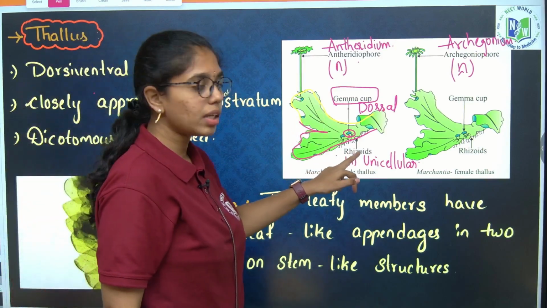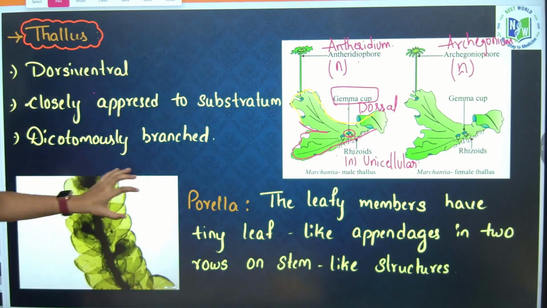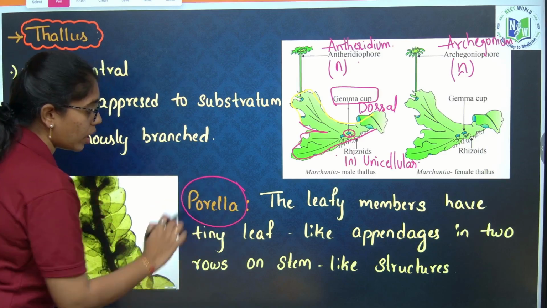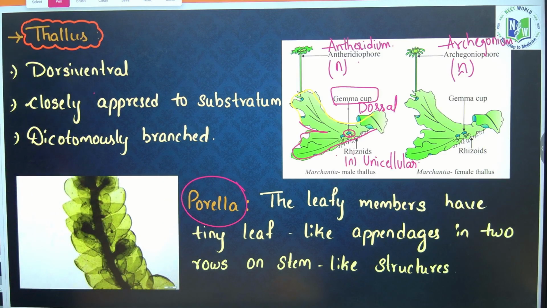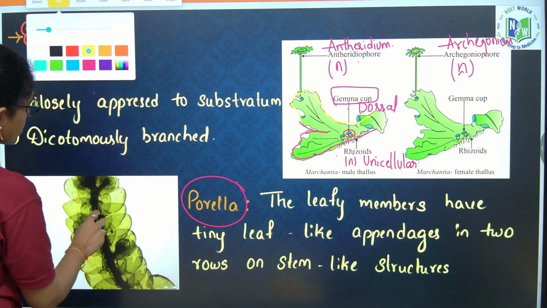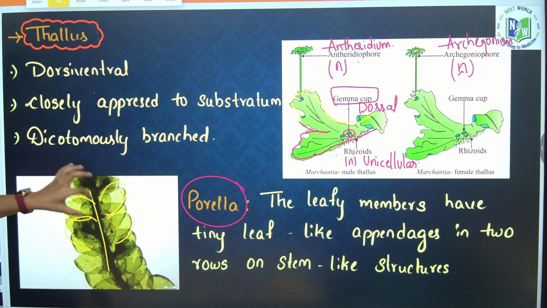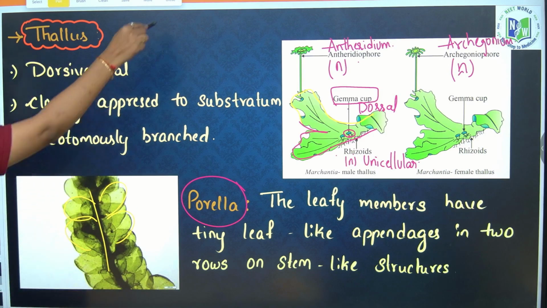And rhizoids in liverworts are unicellular. Now Porella is also one type of liverwort wherein it has leafy members or leaf-like appendages over the stem-like axis. Clear ma?